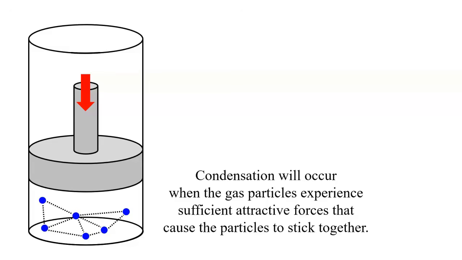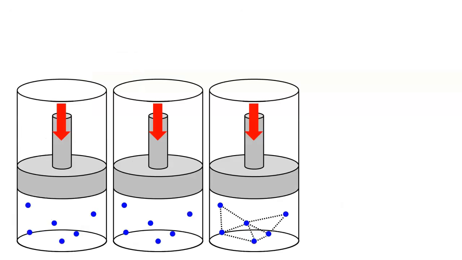So condensation will occur when the gas particles experience sufficient attractive forces that cause the particles to stick together. So suppose as I'm increasing the pressure on all 3 of these identical rigid vessels, that only one substance condenses while the other 2 samples have not yet condensed.